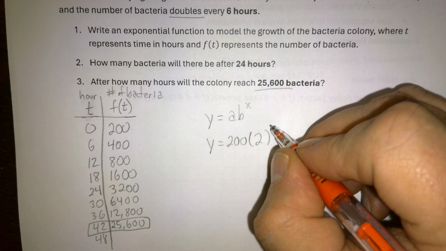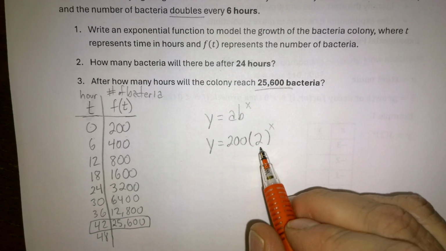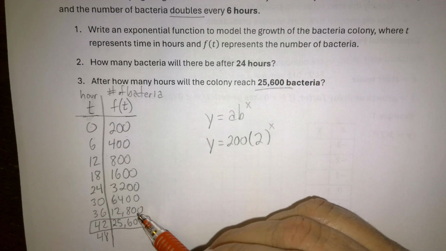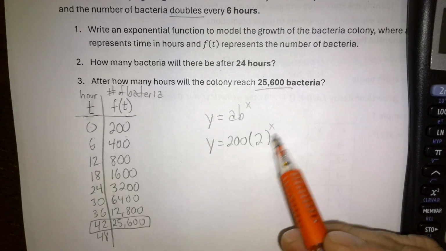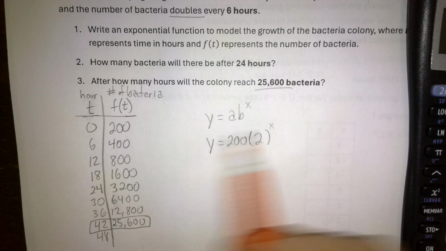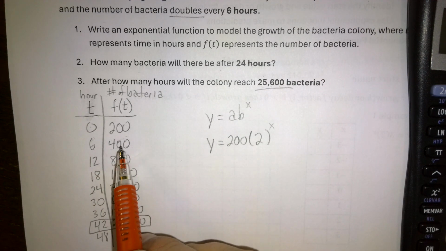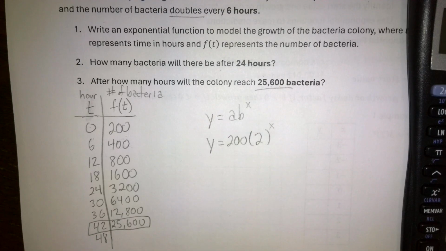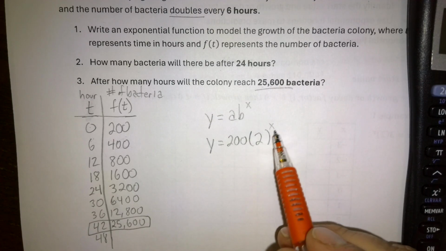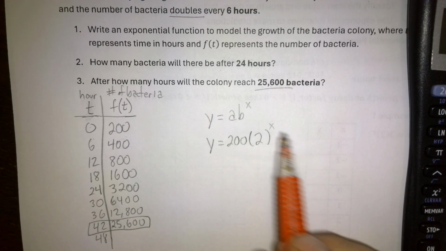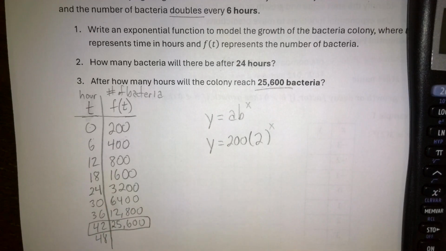If I just put an x here, that is not going to create the doubling we want, right? Because then it's going to double every single hour. If I put 1 in here, it'll give me 400. But it's not supposed to reach 400 till you get to hour 6.